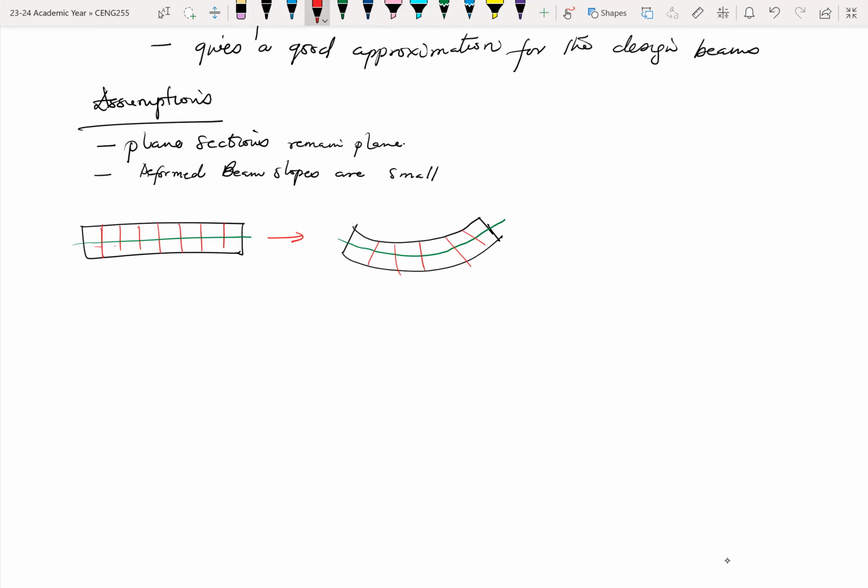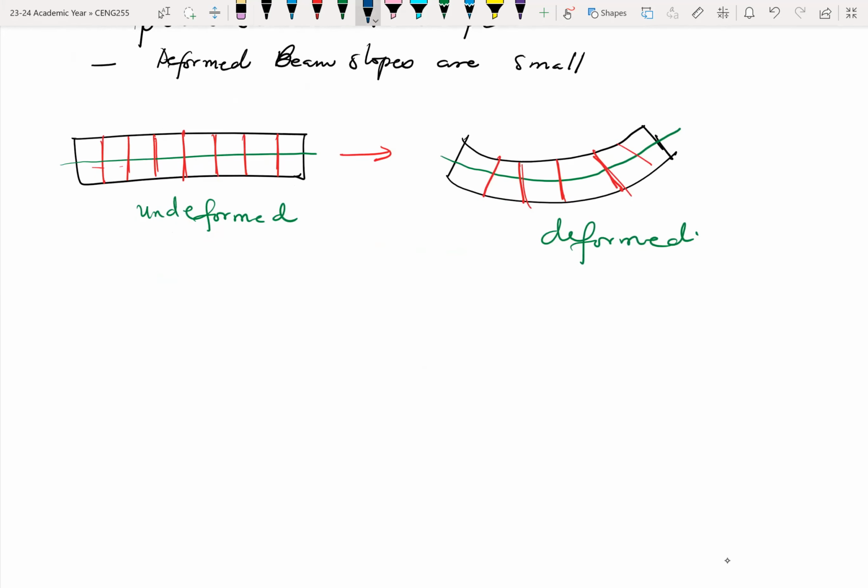So what we mean by plane sections remaining plane is that these lines are what you call the plane lines. I just drew lines so that you can cut the section at any point. So this is the undeformed, and this is the deformed. With the undeformed, these vertical lines make an angle of 90 degrees with the neutral axis.